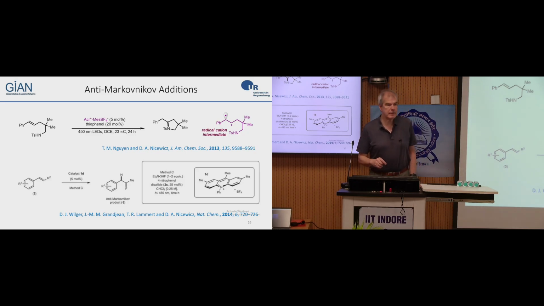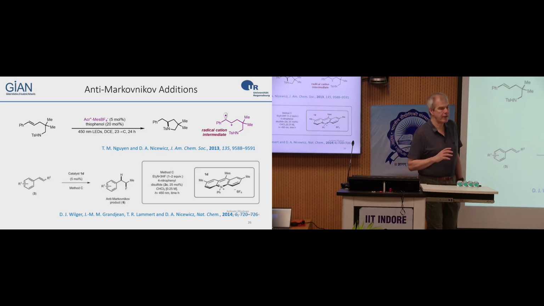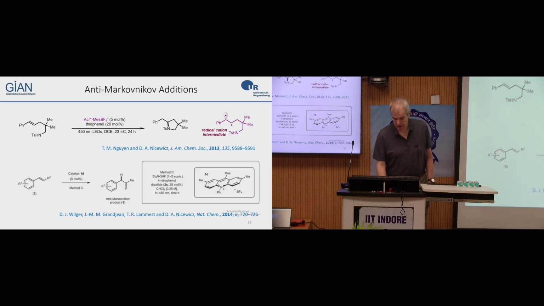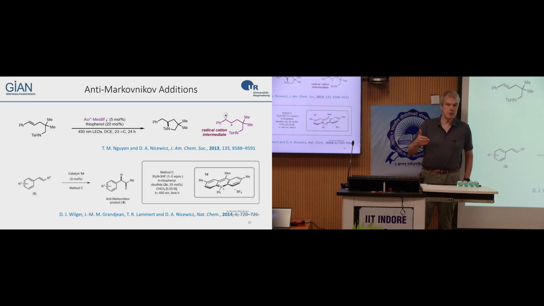Okay, and here's another example which I think really came out in the early stages of the modern photochemistry, by David Nicewicz, and I think this is also very spectacular because it showed that you can do anti-Markovnikov additions to alkenes. And we all know Markovnikov, adding water to an alkene, easy, right?